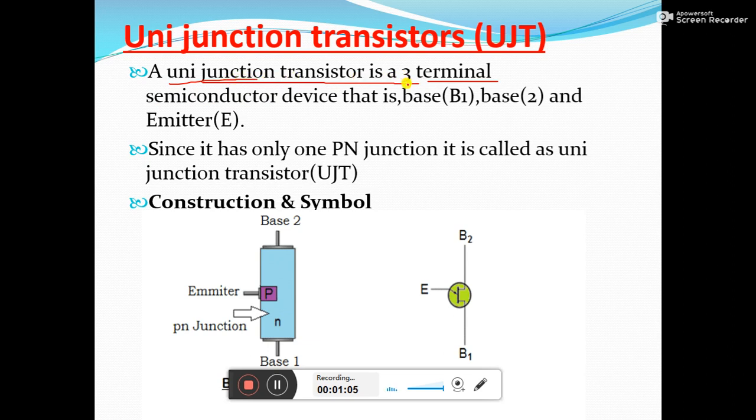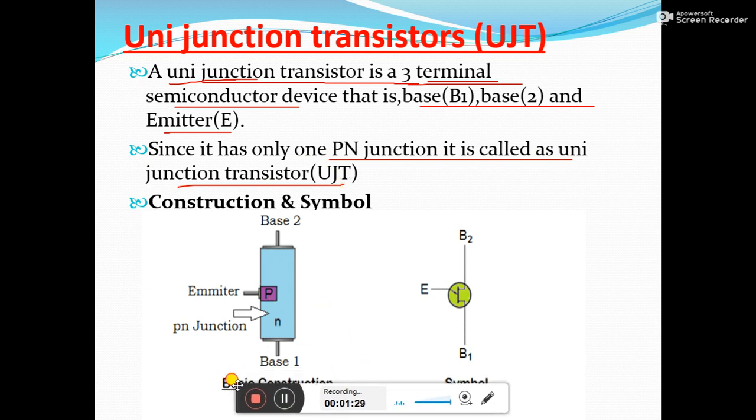It is a three terminal semiconductor device, and the three terminals of this UJT are designated as base 1, base 2 as well as emitter. As I told you earlier, since it has only one PN junction, it is also called a unijunction transistor, abbreviated as UJT.